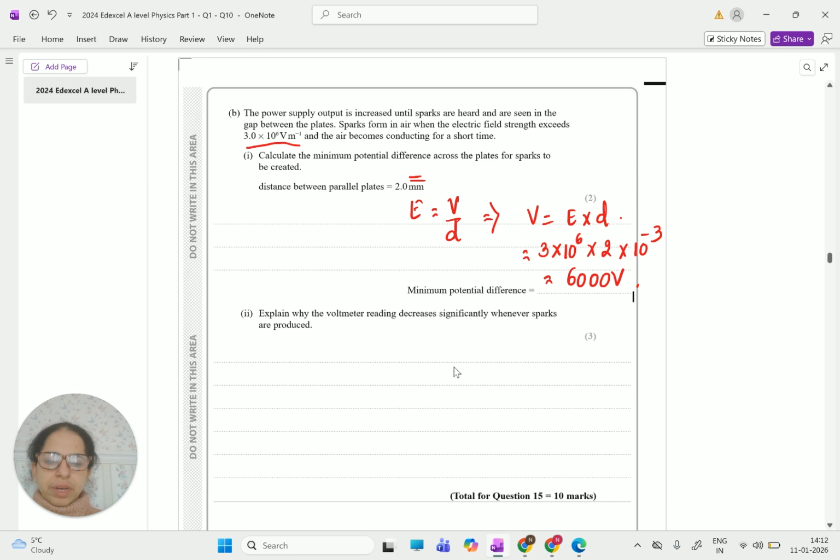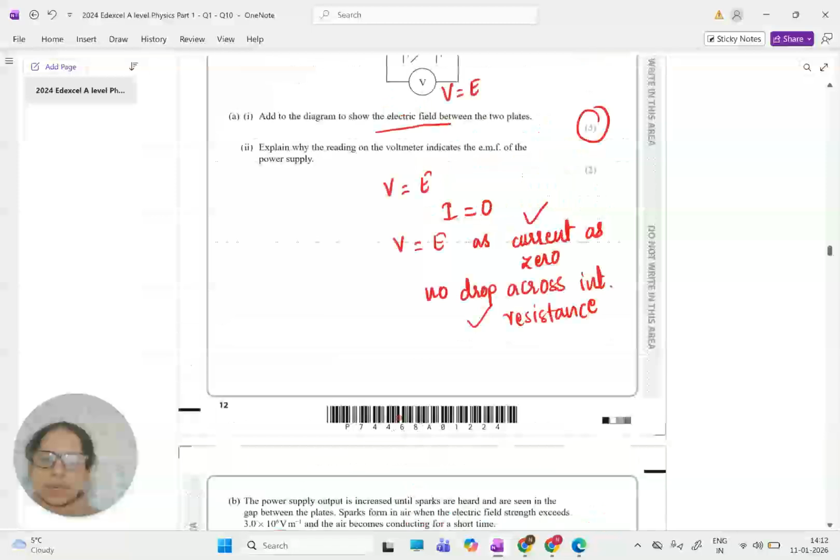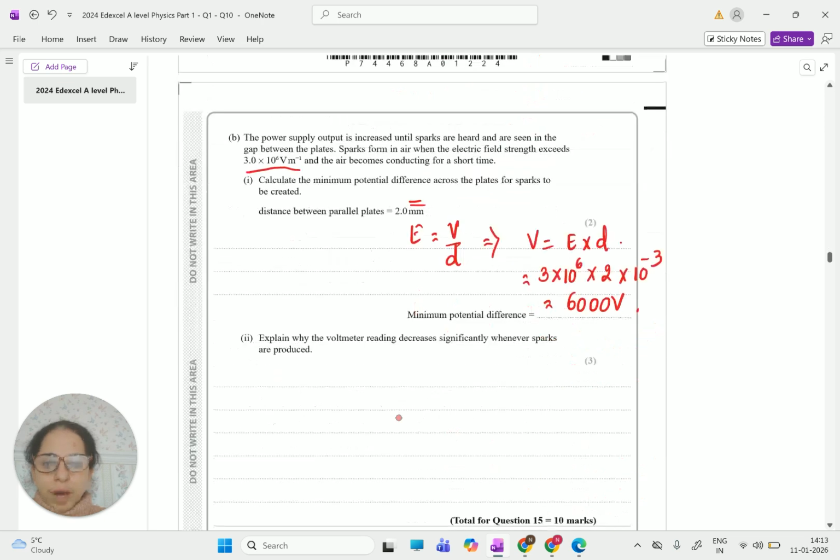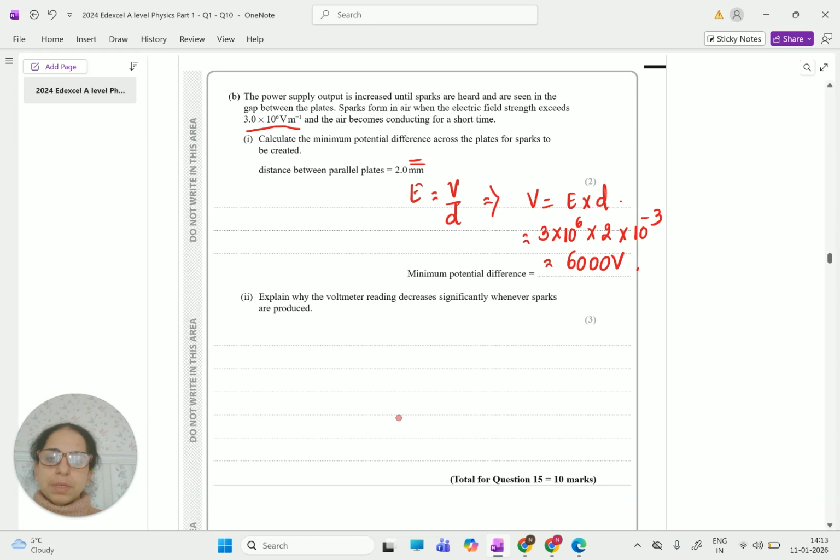Now, why does the voltmeter reading decrease significantly when sparks are produced? If you've understood the previous question, why the reading is equal to EMF, it's because there's no drop. Now why has the reading dropped? Because there is current. The current is in the form of the spark.